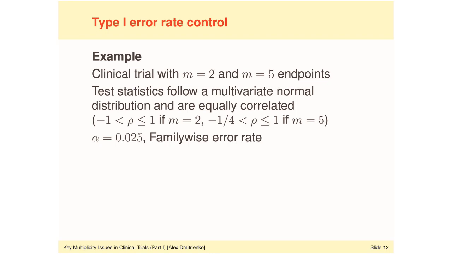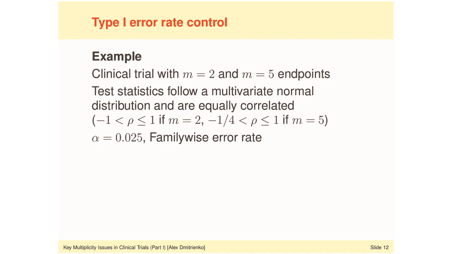There is no evidence of treatment benefit with respect to any of those endpoints. And for simplicity, we will assume that the test statistics are equally correlated, which means that we have a compound symmetry correlation structure.